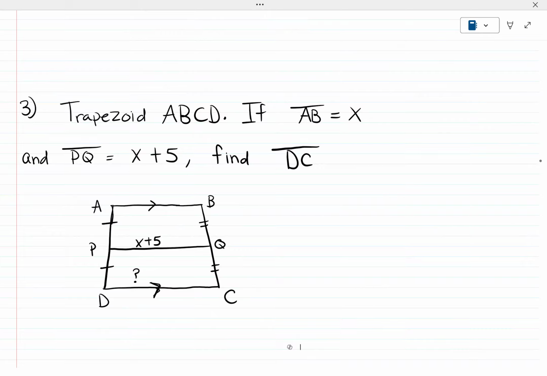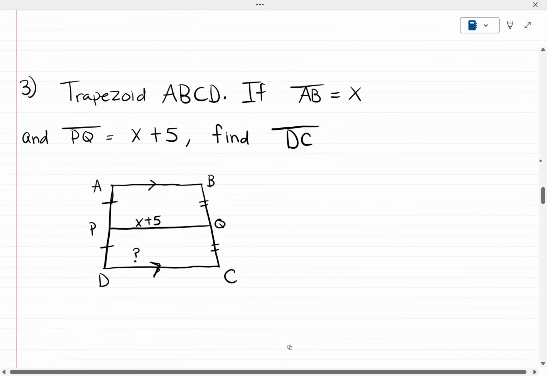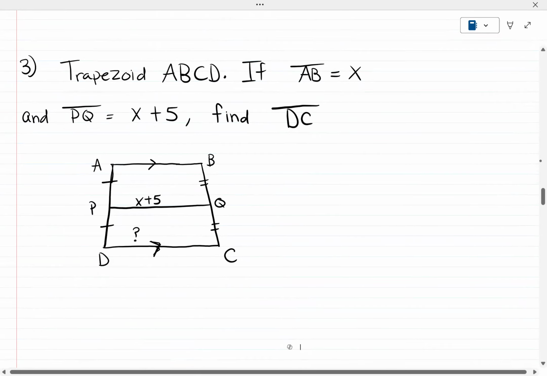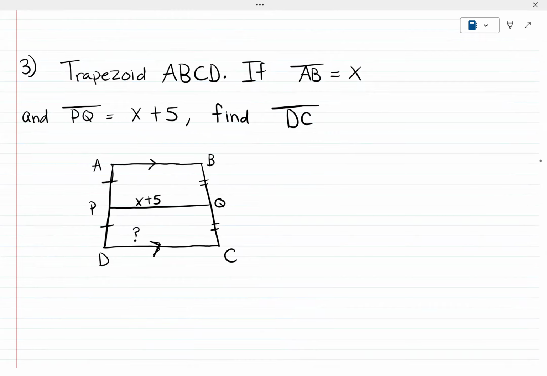We can do that. We have the mid segment, so we could set it up as line segment PQ using your mid segment formula. Line segment PQ is equal to 1/2 times line segment AB plus line segment DC.